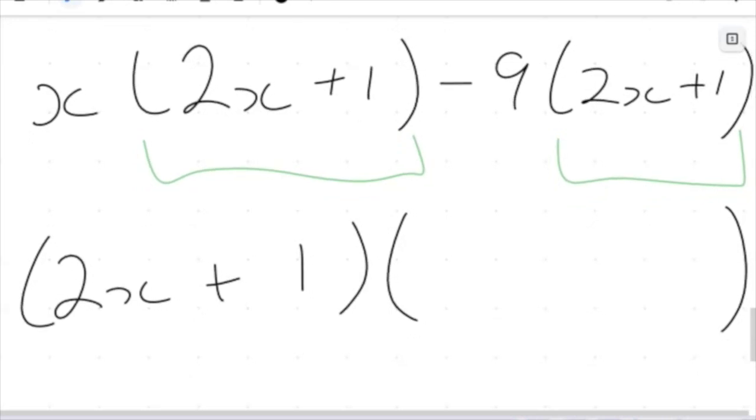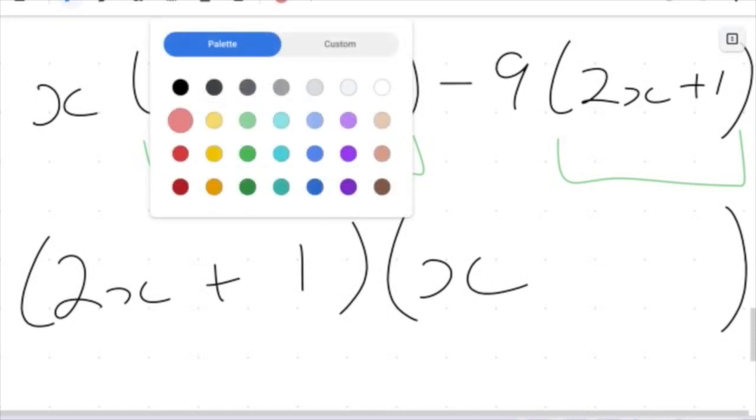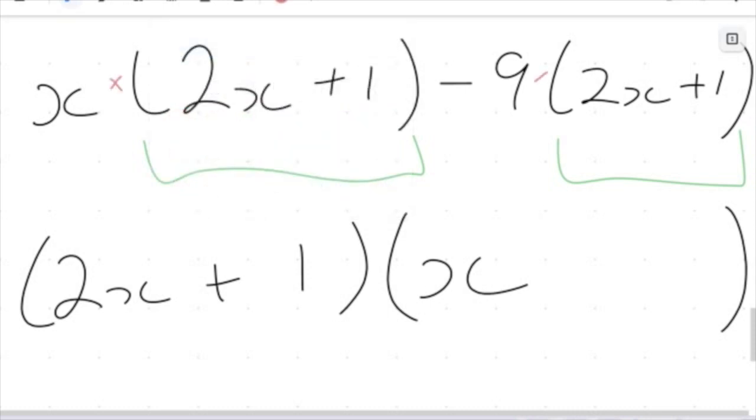Now I want to see how many times does 2x plus 1 go into x outside of 2x plus 1? Or in other words, what do I need to multiply 2x plus 1 by in order to give me x outside of 2x plus 1? Well, I'm going to be multiplying by x here. Remember, we have these little multiplications implied.